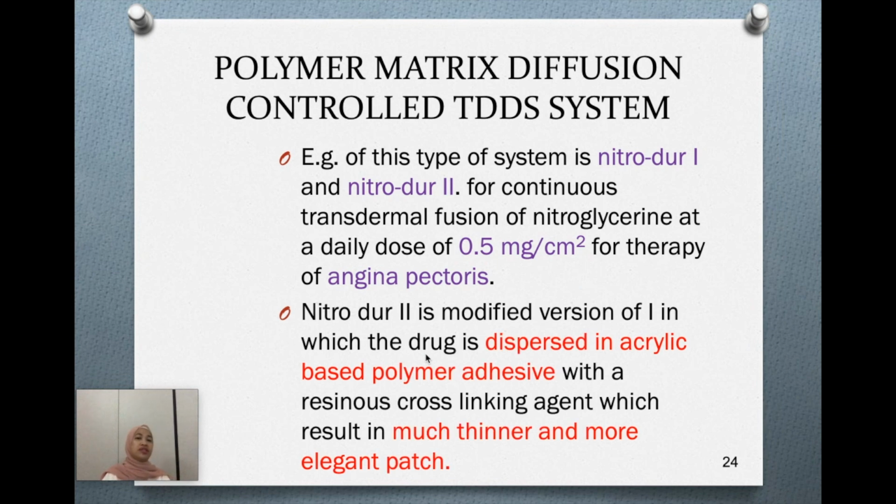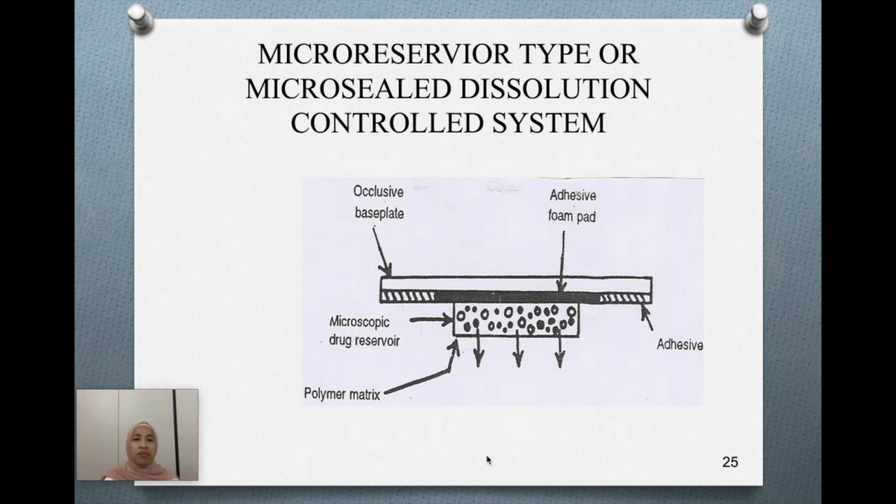We use this system. Nitrodisc 2 is the modified version of Nitrodisc 1. The drug is dispersed in acrylic-based polymer adhesive with a cross-linking agent which results in a thinner and more elegant patch. Micro reservoir is more or less the same. It's just that it has drug which is in a microscopic form, microparticles. So it actually releases the drug better.